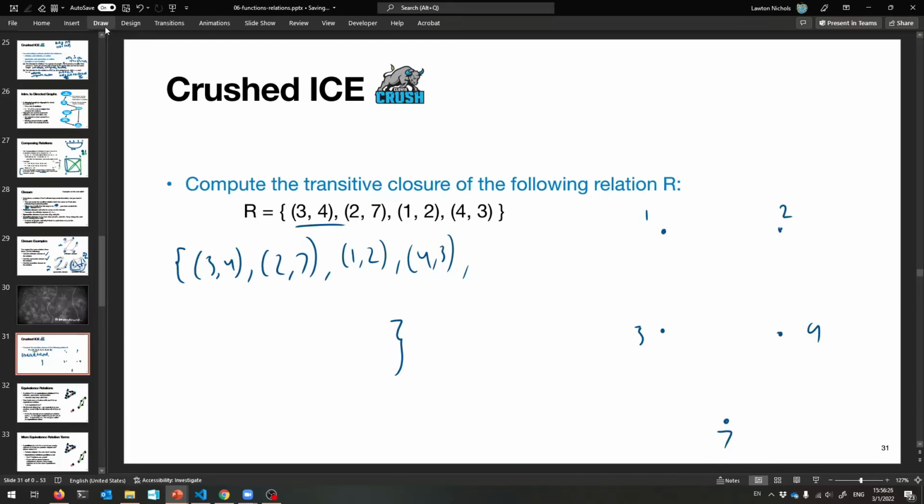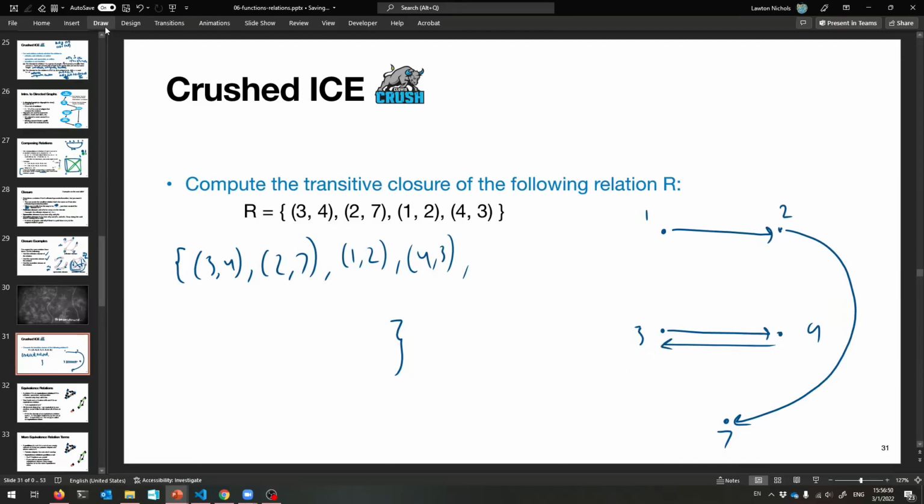So 3 is related to 4, and remember that that is an arrow that way. Like 3 is on the left, 4 is on the right. It means 3 is related to 4 in that direction. Okay, there's a directionality to a relationship. And then 2 is related to 7, where 2 was on the left, 7 was on the right. Bam. 1's related to 2, and then 4 is related to 3. So we got this going on as well. All right, so that's the original relation.